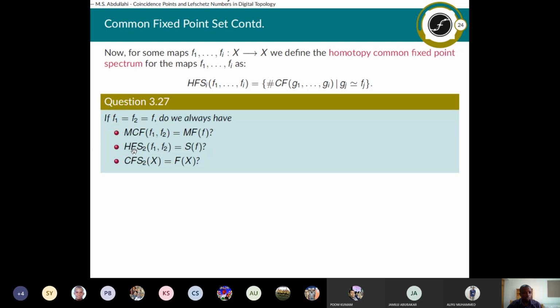And also the homotopy common fixed point, will it reduce to the homotopy fixed point spectrum? And this is the common fixed point spectrum, and will it be the same as the fixed point spectrum?